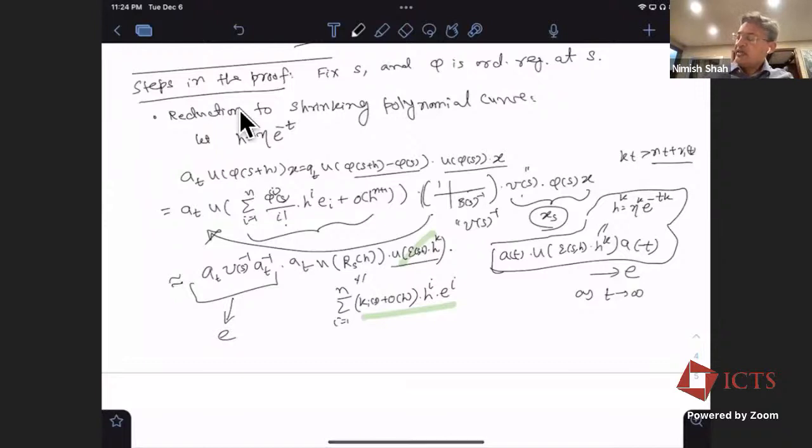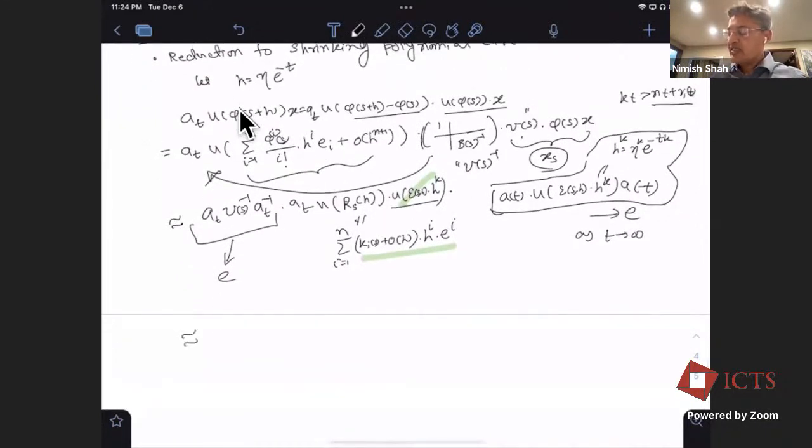This element is upper triangular unipotent, and R and T were ordered in such a way that this will also go to identity. So really, this will look almost exactly like a_t times u of r_{s,h} times x_s, and this is what you really need to understand.